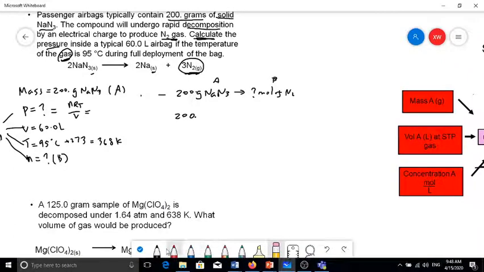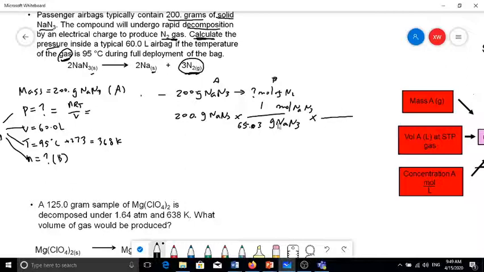The mass to mole conversion is going to be gram of NaN3 down here, mole of NaN3 up here. So this number divided by molecular weight. One mole weighs, the molecular weight of this guy, you can calculate by adding up sodium and 3 nitrogens. It's going to be 65.03 grams. This is the molar mass of the sodium azide.